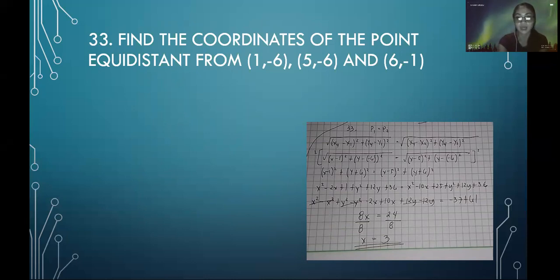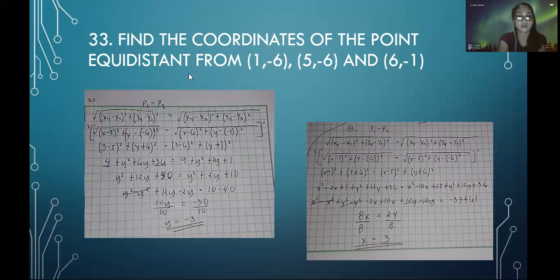Combine like terms: x squared minus x squared plus y squared minus y squared minus 2x plus 10x plus 12y minus 12y is equal to negative 37 plus 61. So 8x is equal to 24. Then divide both sides by 8. So x is equal to positive 3.